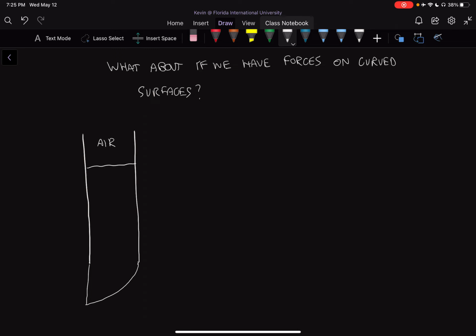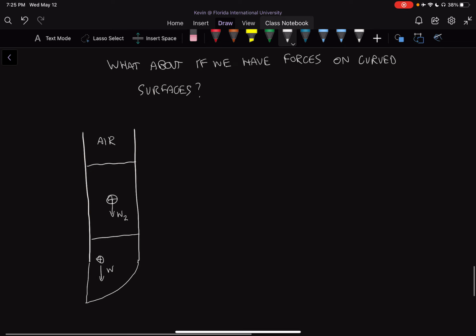And then you could have some sort of fluid with a weight right here acting on the system, and then you have a second fluid here with a weight that's centered a little to the left with another weight. So we have three different parts to it, and then our air also acts upon the surface here with a weight of air, for example.